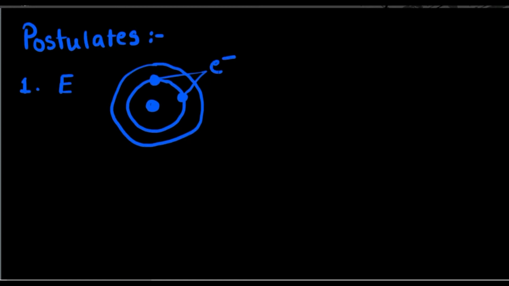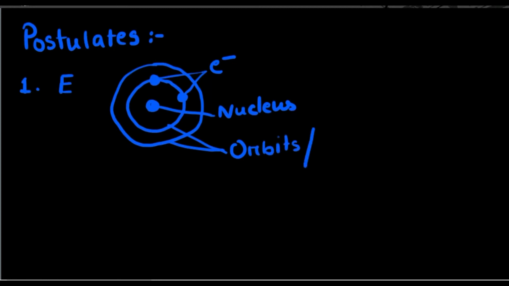It says that the electrons revolve around the nucleus, this is the nucleus, in a fixed circular path. These two are circular paths, and these circular paths are termed as orbits or shells or energy levels.